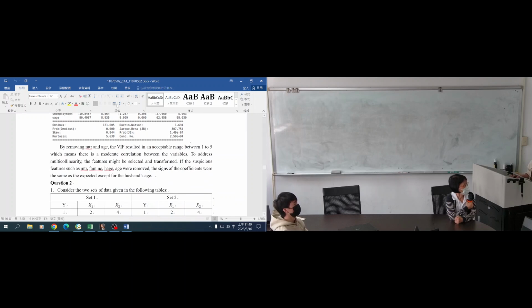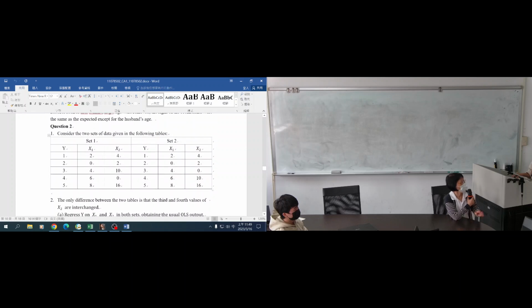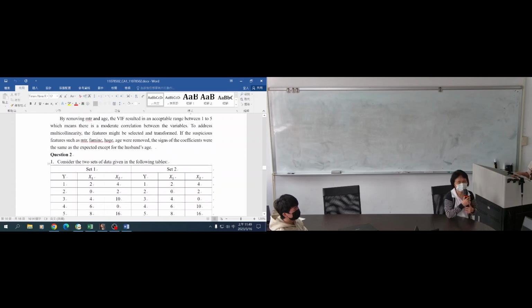So to address this multicollinearity problem, the features might be selected or transformed. For us, we just selected the features to be included and removed some features that we think are suspicious, but we are not sure. And for number 2, I think that's enough.